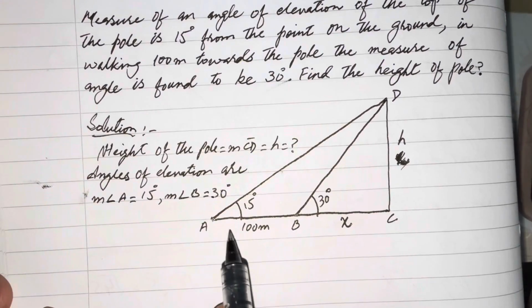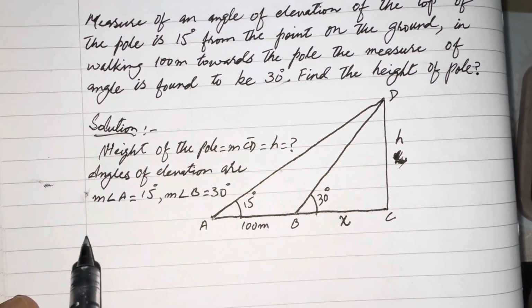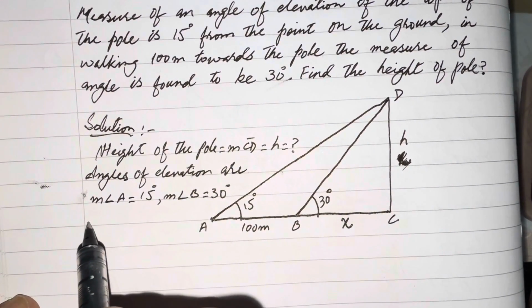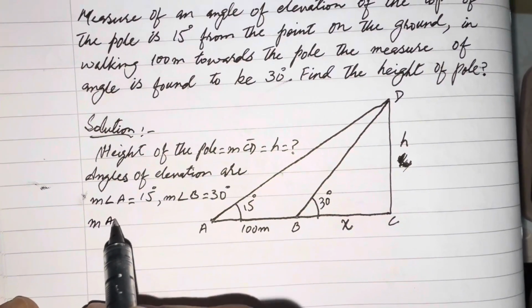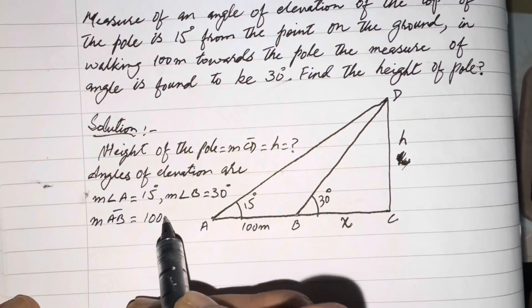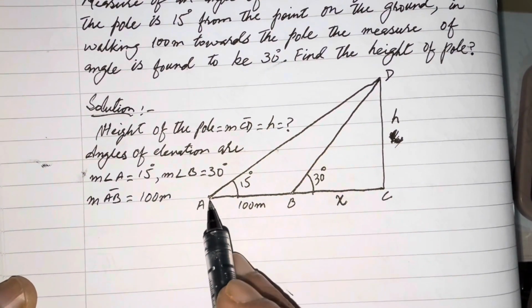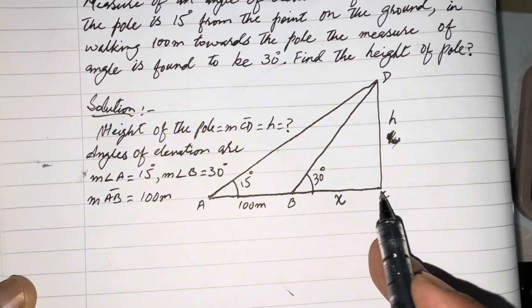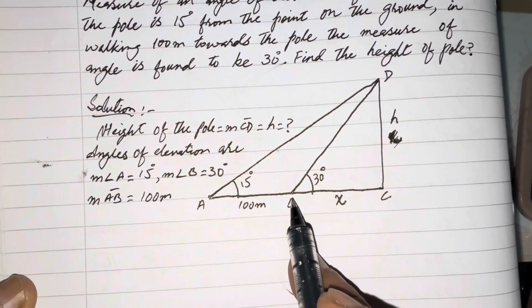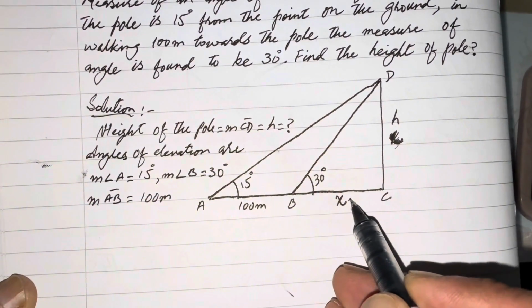The distance between point A and point B is equal to 100 meters, so the measure of AB is 100 meters. And the last thing is the distance between A and C. The distance between A and B is 100 meters and the distance between B and C is X meters.